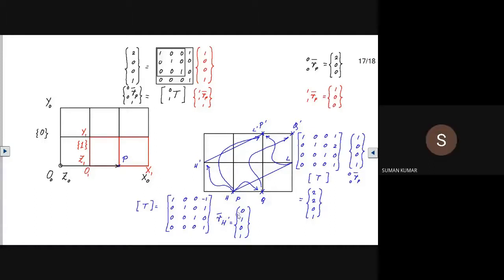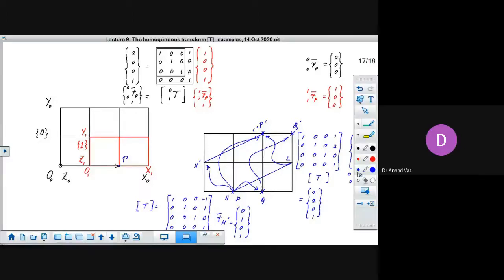Now let us look at it. Here we had done a pure translation, and because we had done a pure translation, you see this matrix was a unit matrix. Now let us perform a pure rotation. We will keep the translational part as 0, but we'll perform a pure rotation and see what happens.